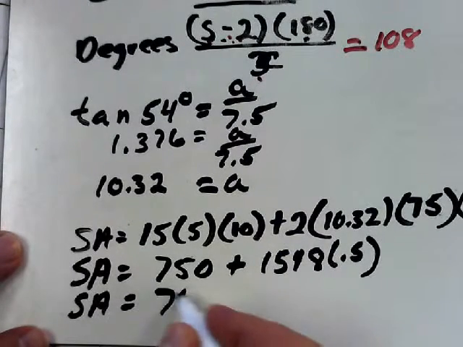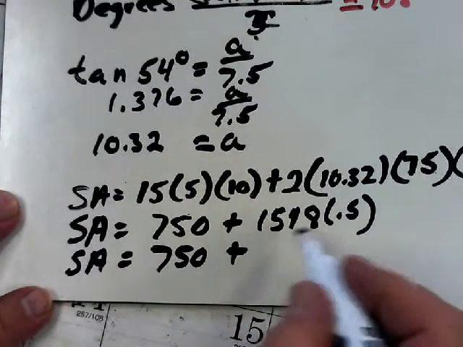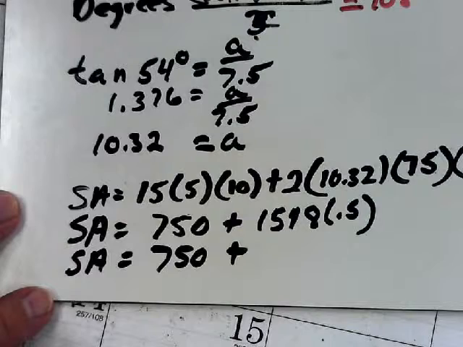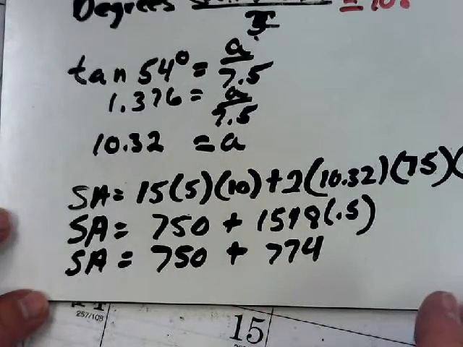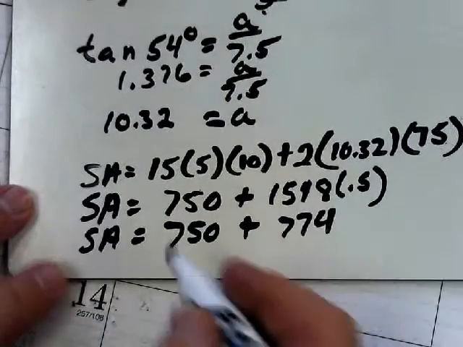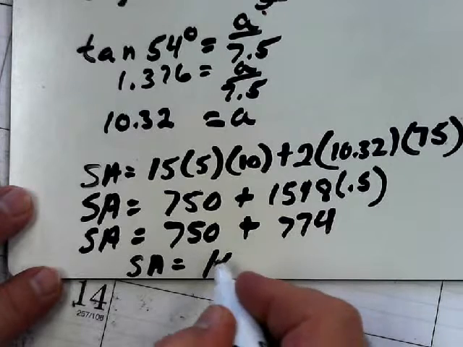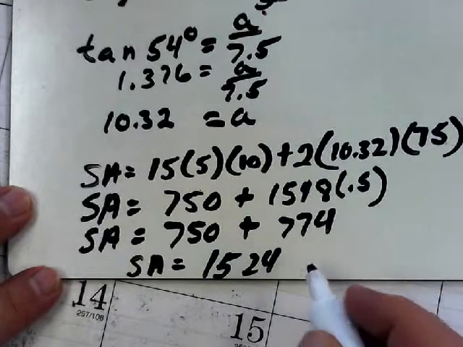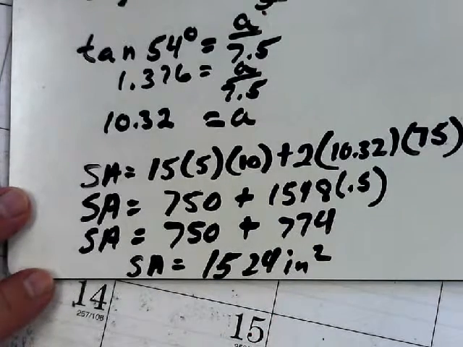So it'd be 750 plus, what's 1548 times 0.5? 774. So the total surface area, 1,524. We'll just call it inches.